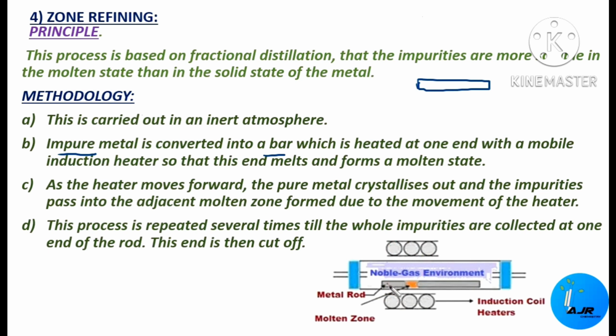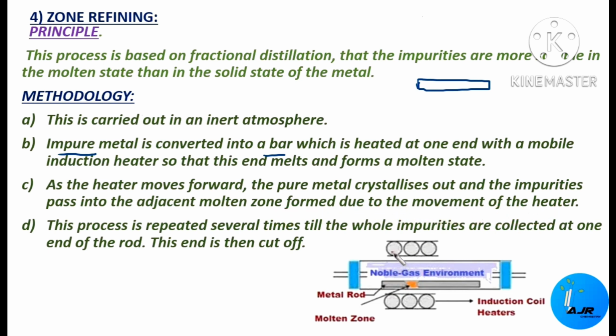Now as this heater moves forward, the pure metal crystallizes out because the pure metal will be getting converted into solid, and the impurities pass into the adjacent molten zone formed due to the movement of the heater.